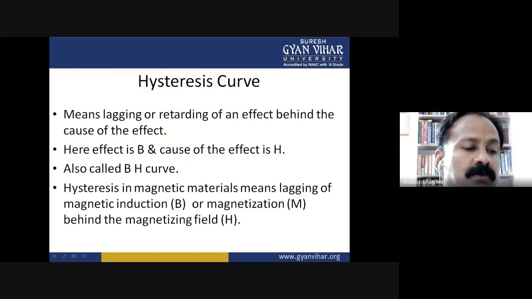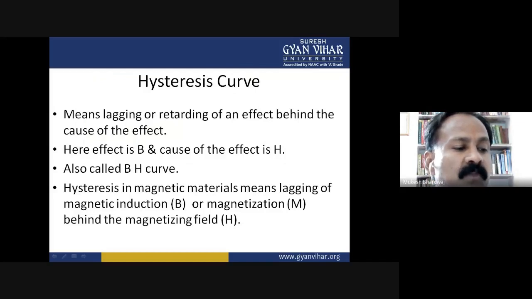Now we are discussing the hysteresis curve. As we already know about the hysteresis curve from earlier classes, when you studied the transformer, there we had studied the hysteresis curve.